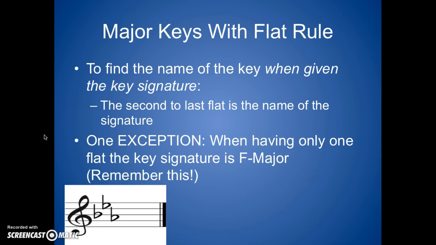We'll get a B flat within F major. So if you look at the example below, we can see that our last flat is A flat, but to follow the flat rule, we have to go to the second to last flat, which is an E flat, which means this is in E flat major.